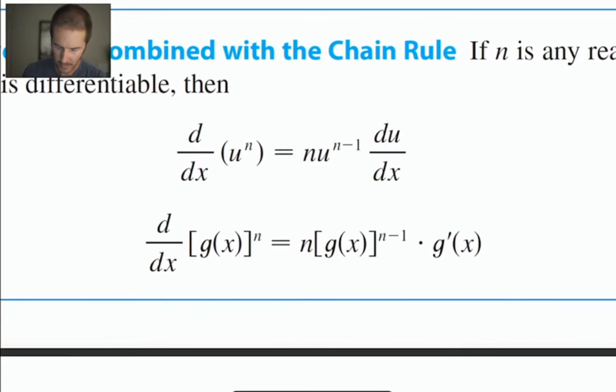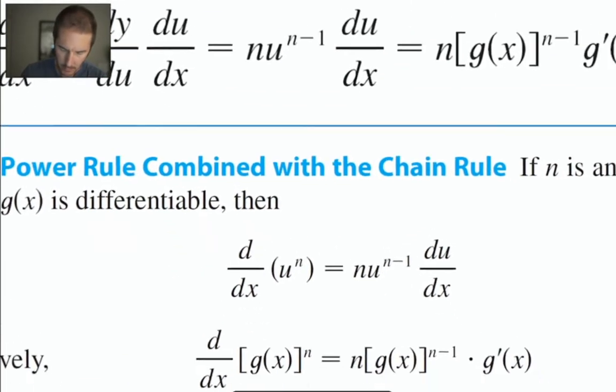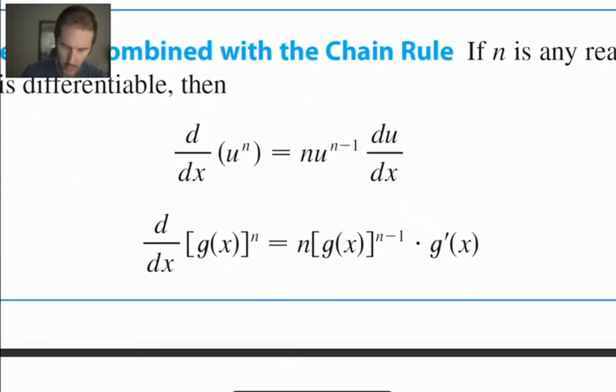And it says here that if we take an expression u and we raise it to the nth power, so there's u to the n, and we take the derivative of that, then we have to take the exponent n and multiply it out front of the u, and we have to decrease that exponent by 1.